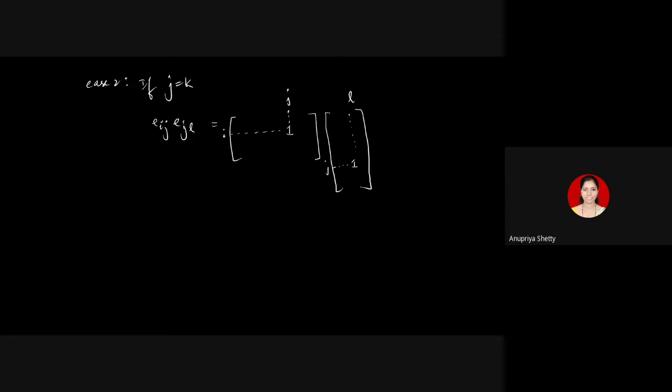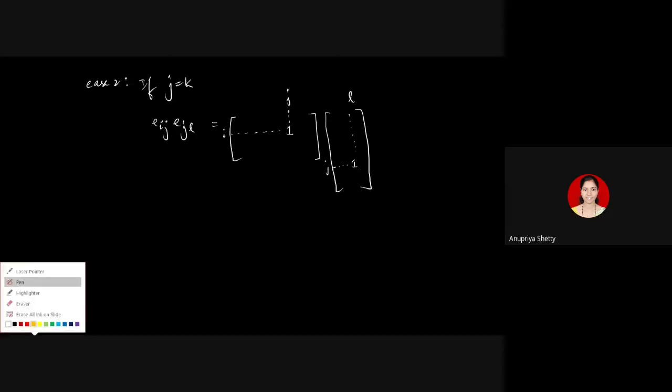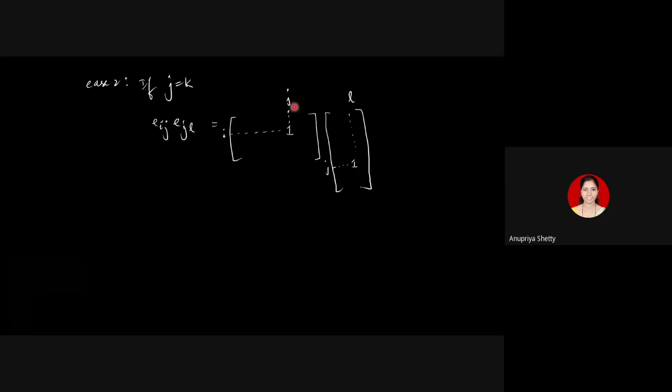But this position and this position are the same, approximately this length. So j happens to be the fourth column. Here the fourth row has 1 present.